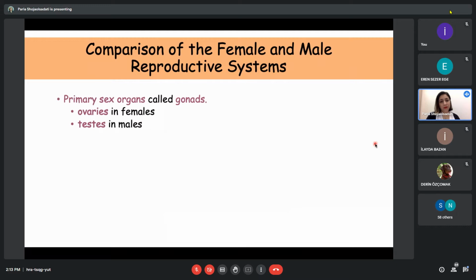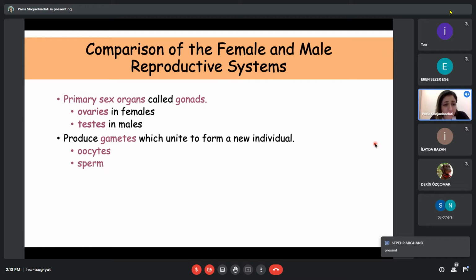We can compare the female and male reproductive system organs. The primary sex organs are called gonads: the ovaries in the female and the testis in the male.